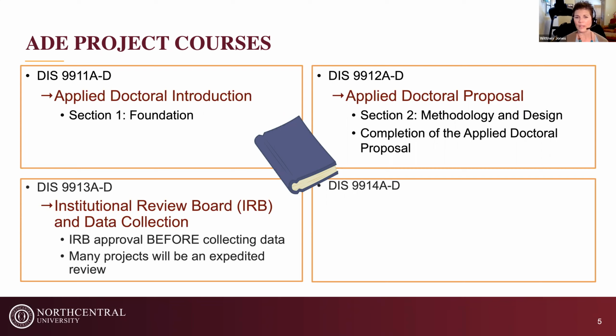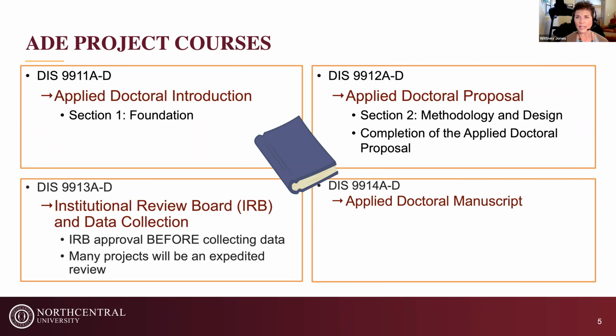All right. So in 9914, you're in the home stretch. You've got 4 chances to finish up section 3, and again, in this course you have 2 deliverables. The first one is your section 3, which is your findings, your recommendations, and implications to practice in the profession.